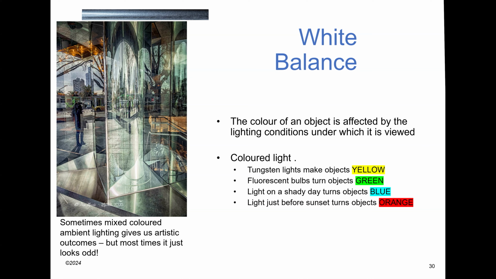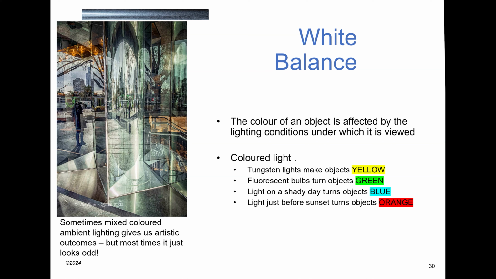So the tungsten lights, as we've discussed, will make objects yellow. Fluorescent lights, if you're in perhaps a shop that's got fluorescent lights, or in a city office building, people's skin will look green, which is not a good look. Light on a shady day often will turn subjects blue, and so all the whites in the images are blue, and people's skin will end up with a weird blue colour as well.